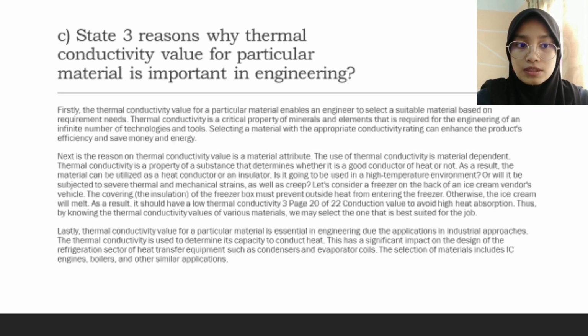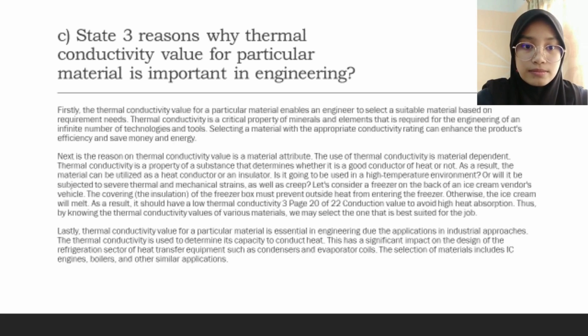Thermal conductivity is a critical property of minerals and elements that is required for the engineering of an infinite number of technologies and tools. Selecting a material with an appropriate conductivity rating can improve product efficiency and save energy.